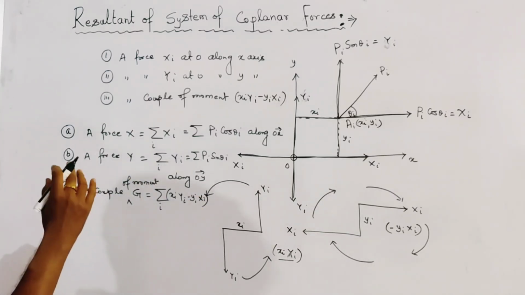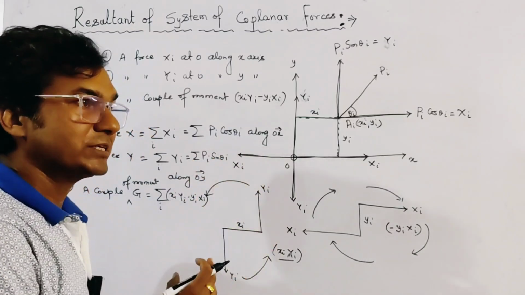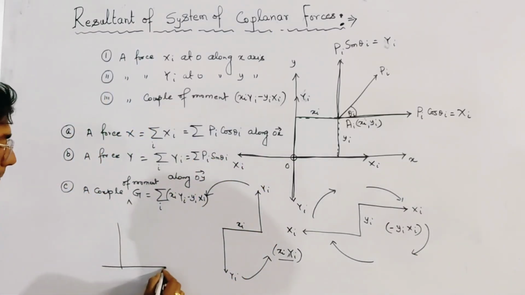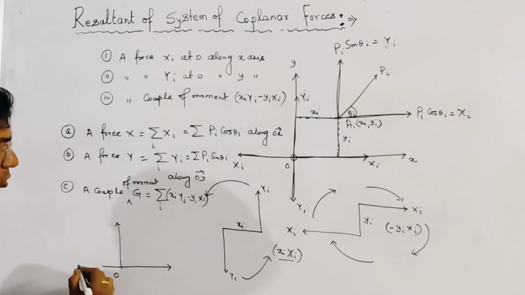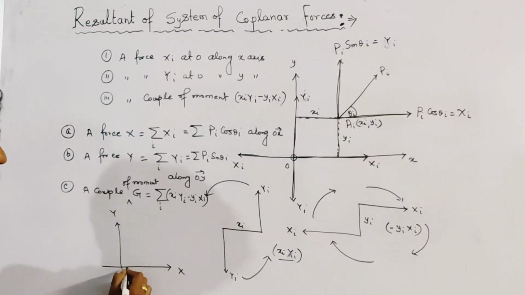The total system can be drawn in a single figure like this. This is O, this is capital X, this is capital Y, and this is the moment G.